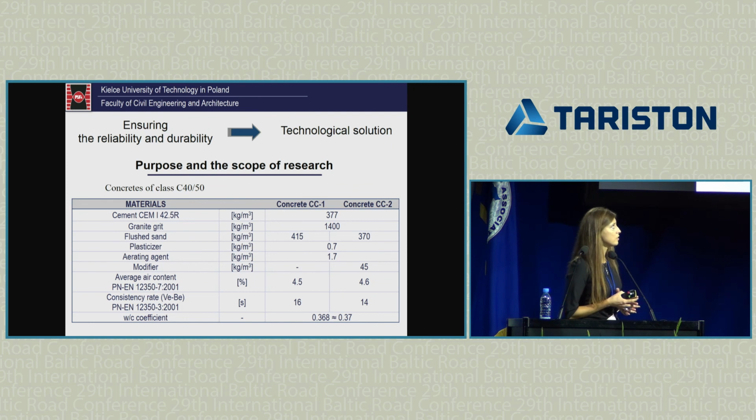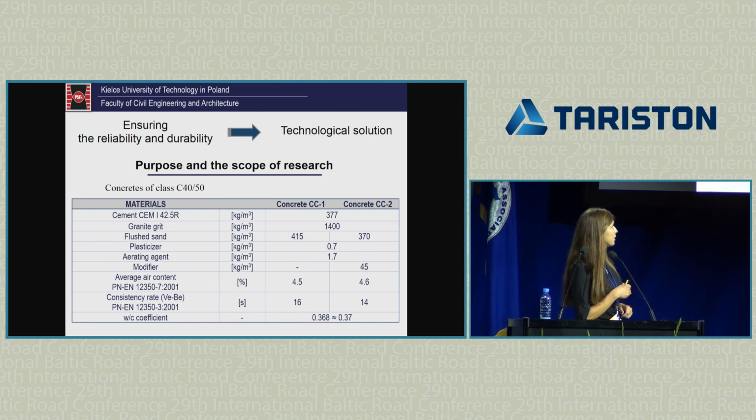One of the methods of ensuring the reliability and durability of cement concrete intended for airfield pavements is a technological solution. And today I would like to talk about cement concrete class C40/50, intended for airfield pavements, and requirements from Polish standards.